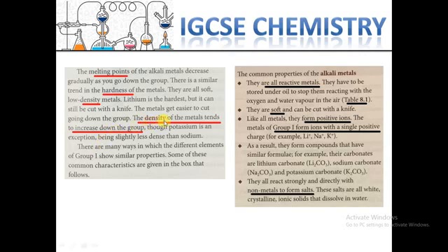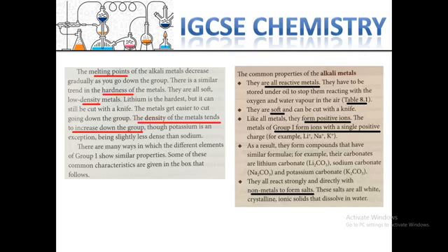So this is related to the density. The density increases by going down, which is all mentioned in the previous chapters.